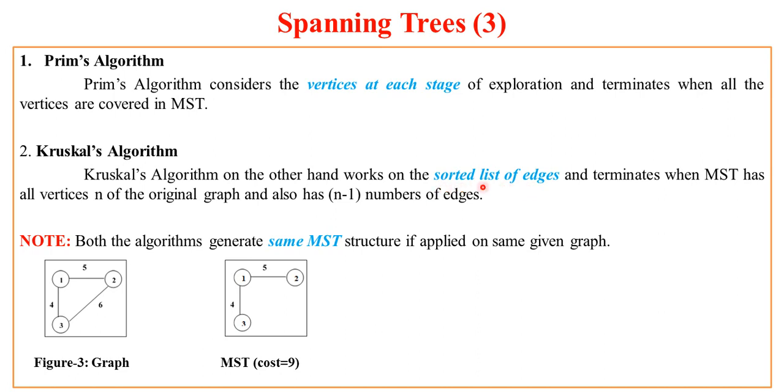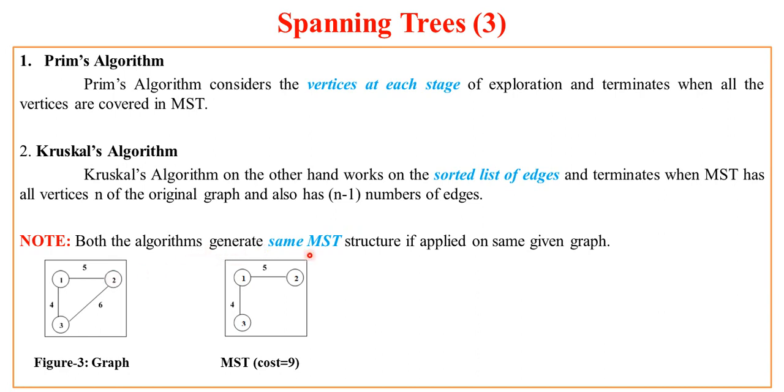That means a sorted list of edges is used by the Kruskal algorithm. So Prim's works at each stage on the vertices and Kruskal's works at each stage on the edges. So this is the difference, and both of the algorithms will terminate when all the n vertices of the original graph and n minus 1 edges out of the original edge set E are covered.